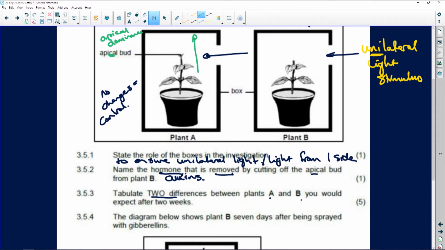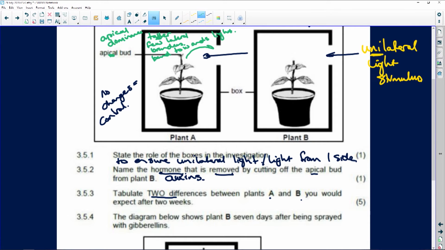So this plant is going to be taller, and it's going to have few lateral branches, and it's going to grow up, but it's going to curve towards the light, so it's going to bend towards light. But it's still going to be taller.